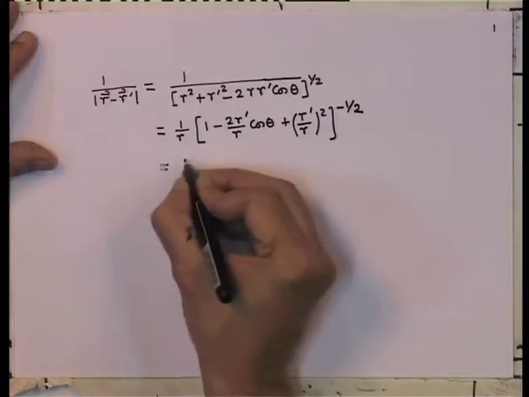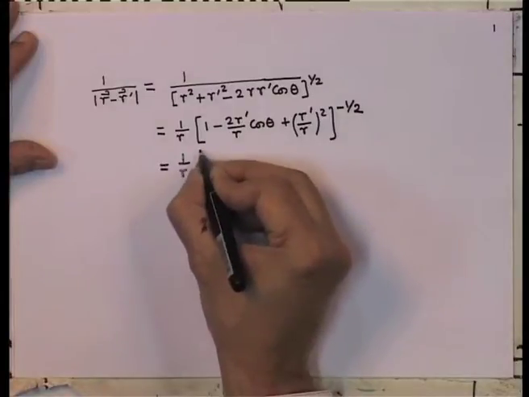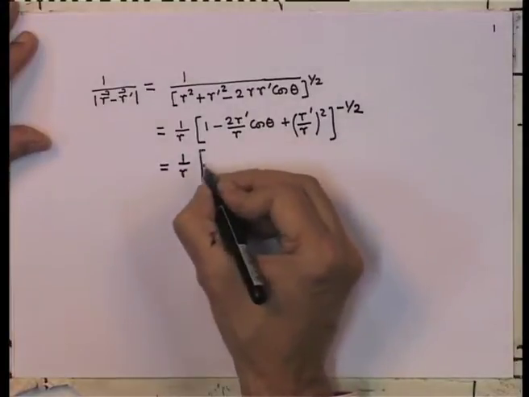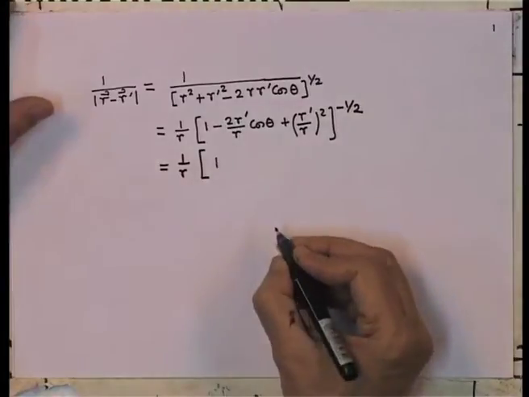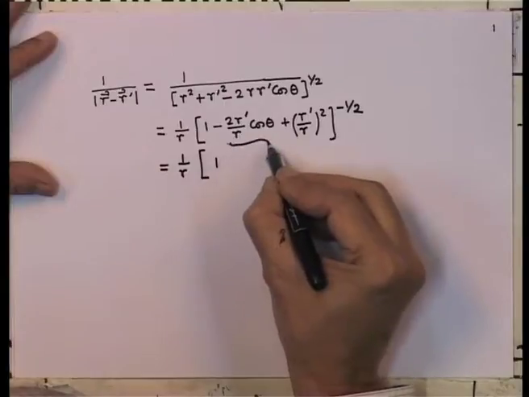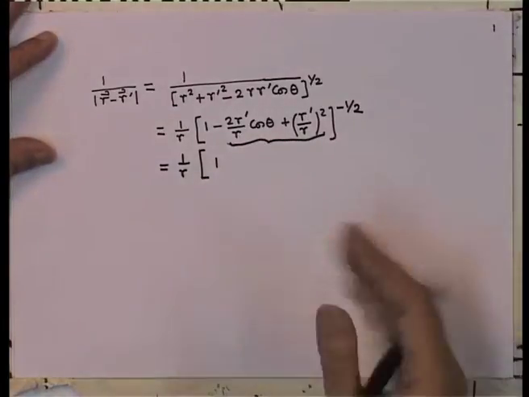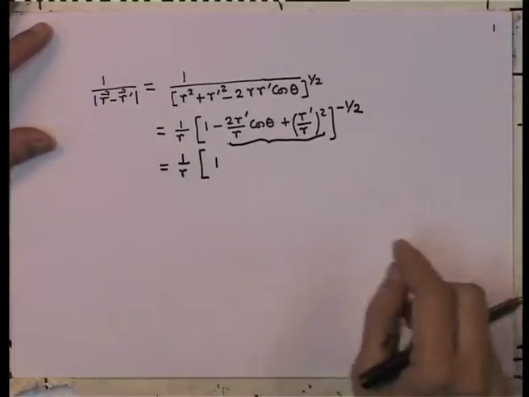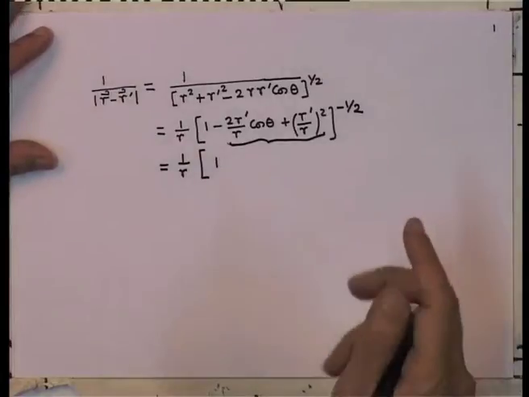So, this gives me 1 over r. Just let us do an expansion. So, I take this entire amount here as some x, and I expand 1 plus x to the power minus a half.